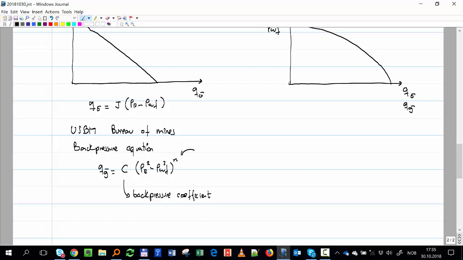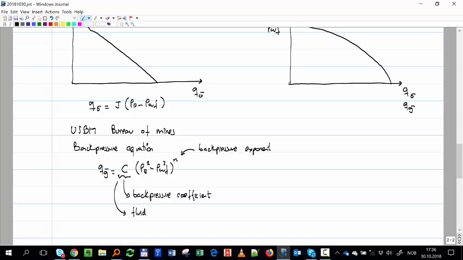And this n is the back pressure exponent. So we will see now, or maybe tomorrow, that this C contains information on the properties of the rock, the properties of the fluid, and the geometry.